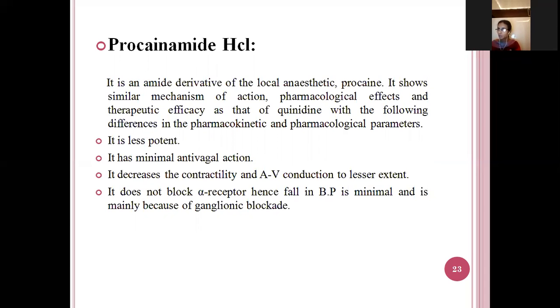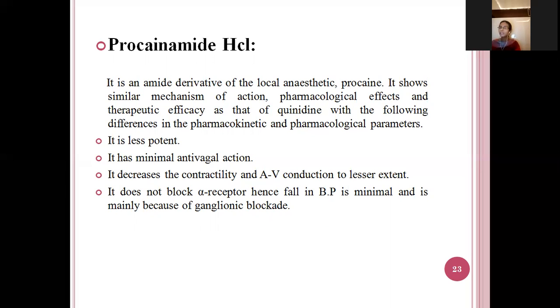Procaine is a local anesthetic and procainamide we use in the treatment of arrhythmias. These two drugs have a similar mechanism of action, pharmacological effects and uses, but differ in pharmacokinetics and some pharmacological parameters.